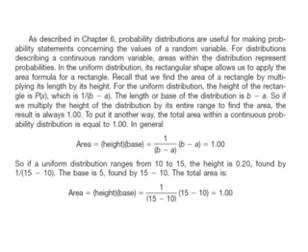A very important topic: as described in the previous chapters, probability distributions are very useful in making probability statements, considering the values of random variables. For this distribution, areas within the distribution are represented by probabilities.